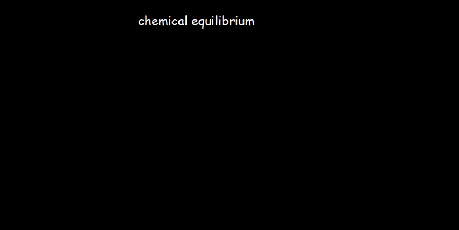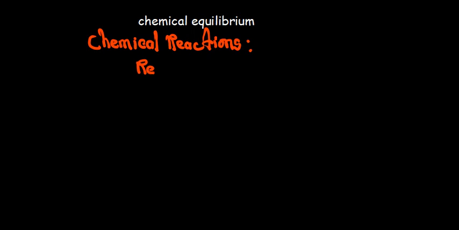What do we mean? Let's take, for instance, we've been given a chemical reaction. We know that in a chemical reaction we have reactants, and in that reaction we've got the products.